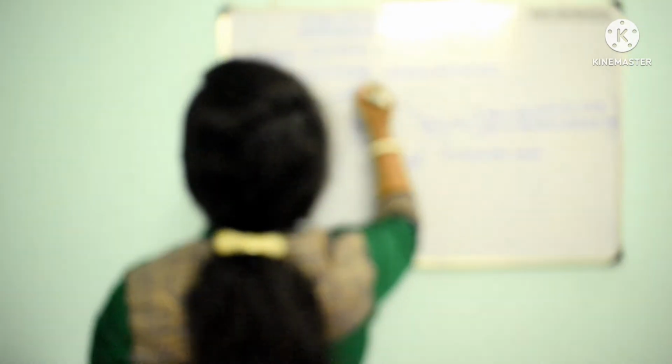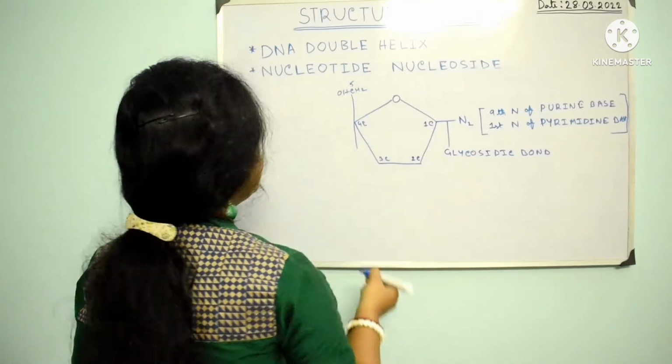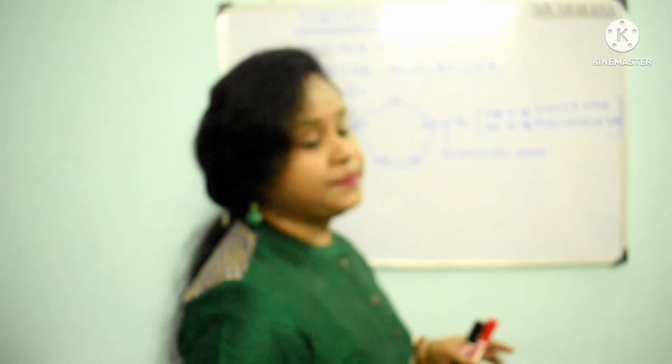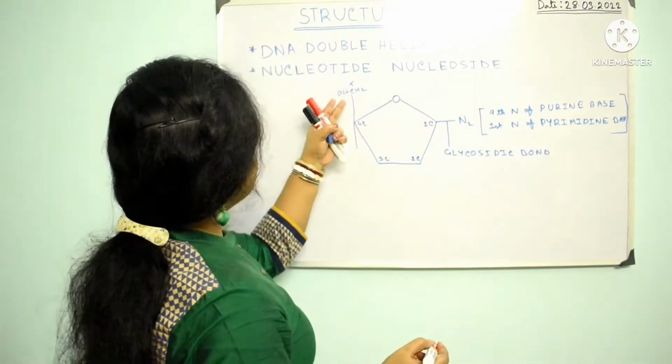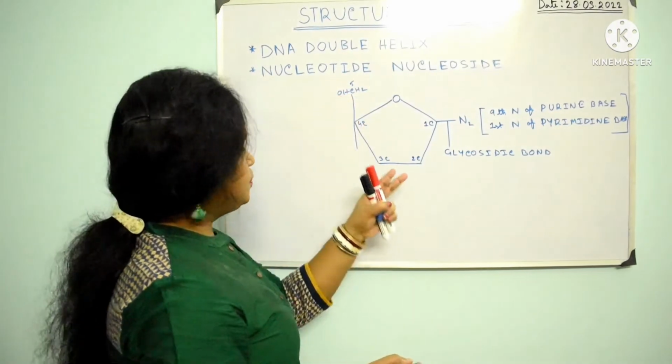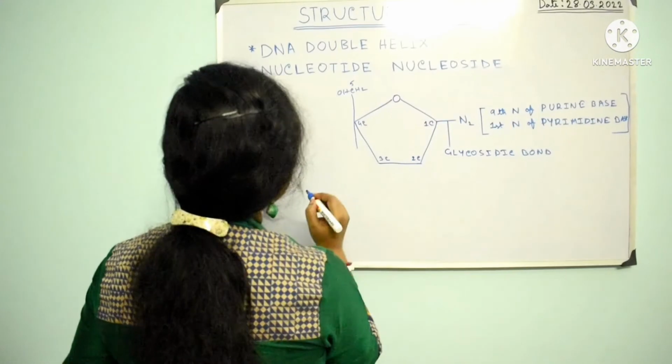The phosphate group will be attached with the 5th carbon position of pentose sugar.